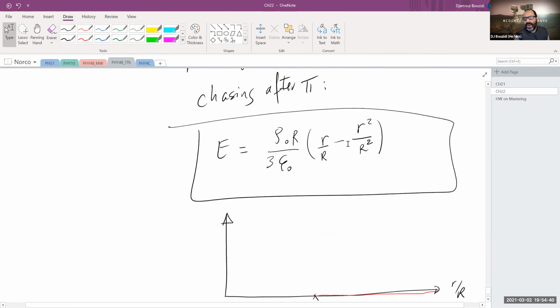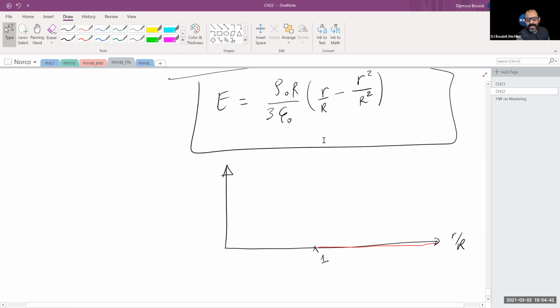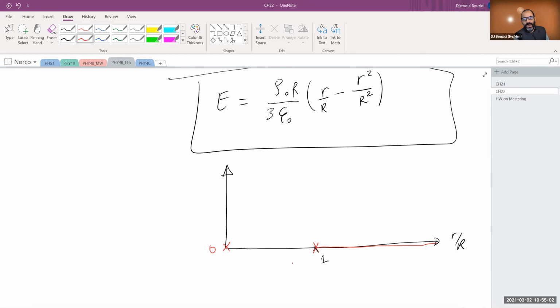We know also if I put r equal to 0 that the electric field is 0 here too. Okay, for r equal to 0. And for r equal to big R, I will have 1 minus 1 squared, and that is 0. So the electric field is 0 too. So it's a continuous function here. It's unlike the other one, which was a discontinuous function for the charge distribution. The electric field is continuous at that point.